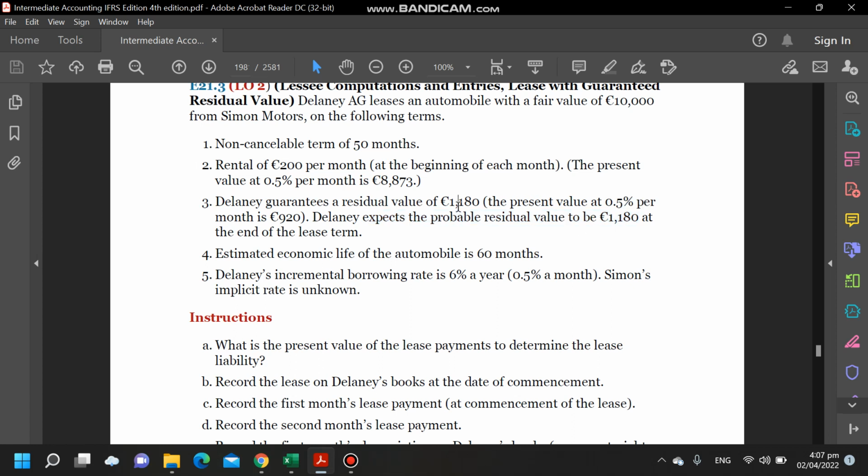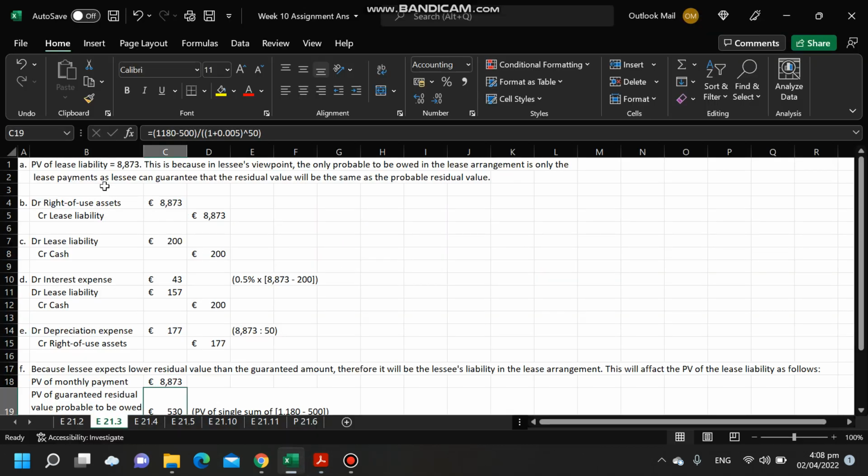In this question, the guaranteed residual value is the same as the expected residual value, so Delaney won't pay for any losses of the residual value. Therefore, the present value of the lease payment is only the rental. Okay, so for A, the present value of the lease liability is 8,873.